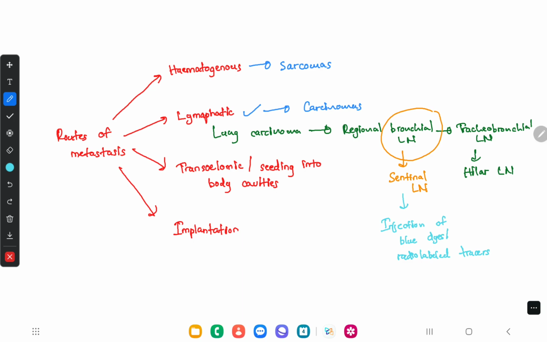If we do a biopsy of this sentinel lymph node, we can determine the extent of the spread of the tumor, and it can be used to plan the treatment as well.